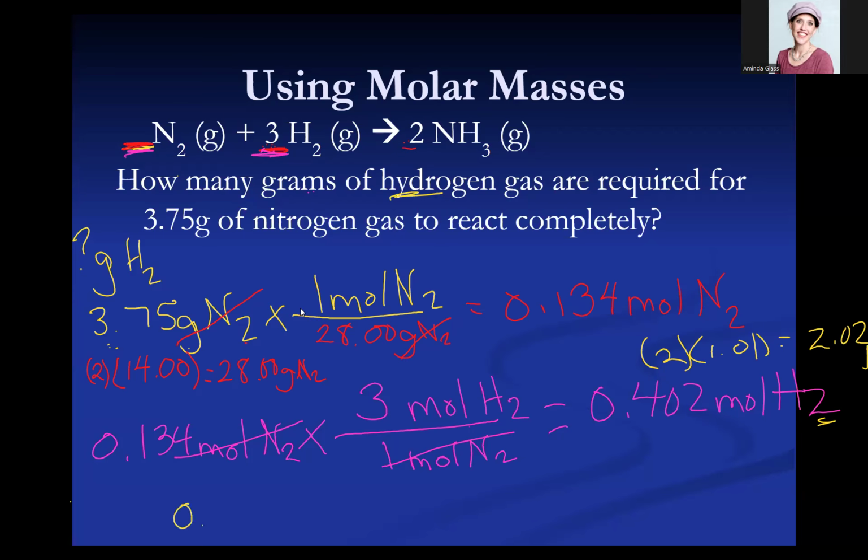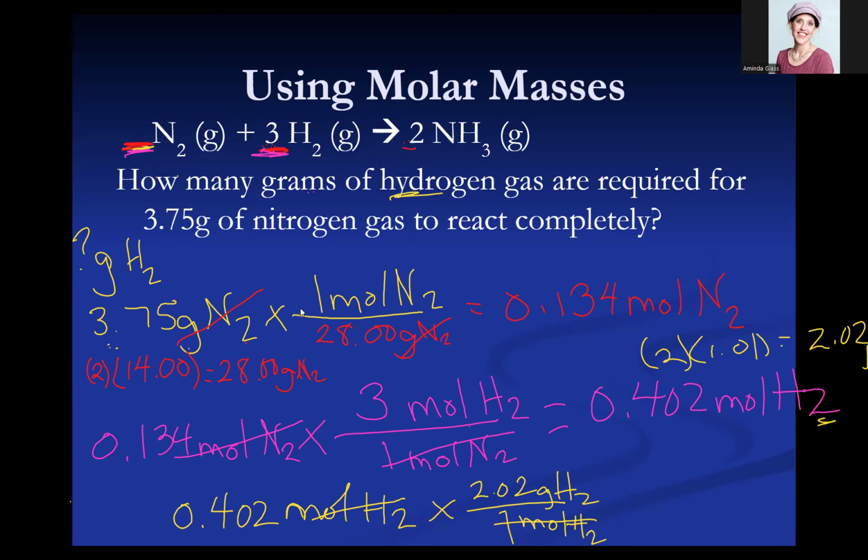So I could say 0.402 moles of H2 times, I need grams of H2, and I need to get rid of moles of H2. I know for every 2.02 grams of H2, I have 1 mole of H2. So 0.402 times 2.02 divided by 1.